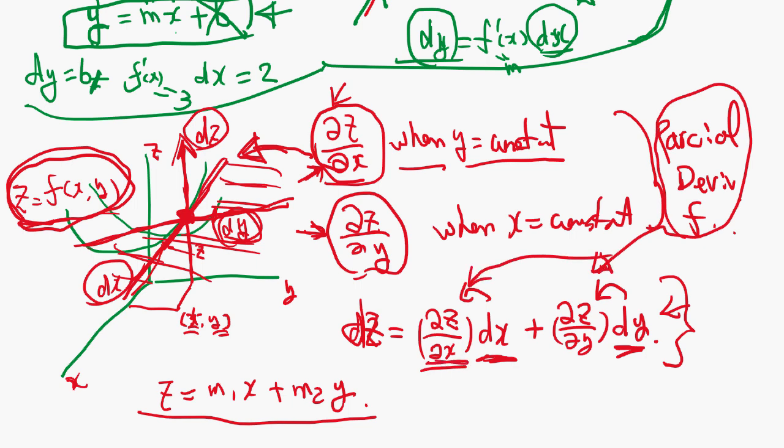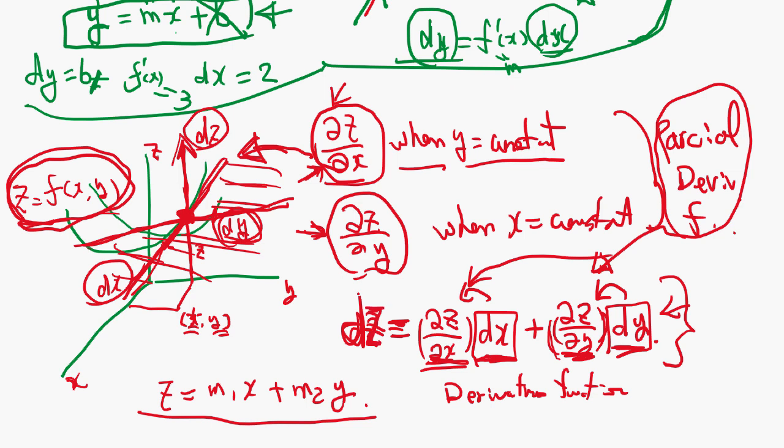Okay, so this partial derivative tells you how much it's going to change when you move by amount of dx, and this tells you how much the height will change when you move amount of dy, and you add up, it's going to be the total change of the height. Okay, so this is a derivative function of multivariable x and y. z depends on x and y.